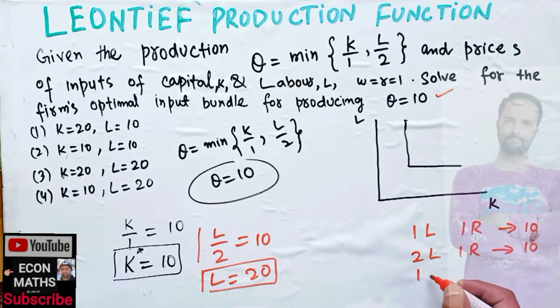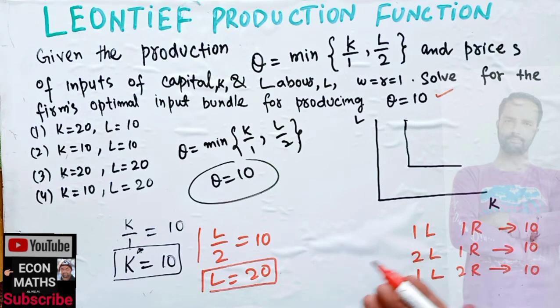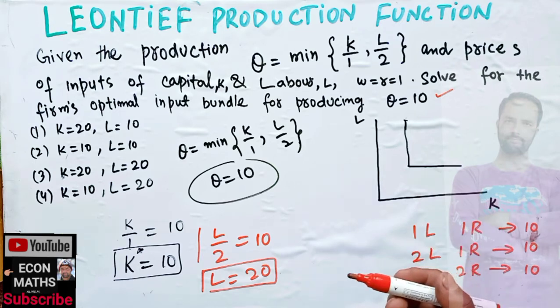And if we have one left shoe and two right shoes, again it will give us the same utility, let us say 10. So if we do not increase the inputs in the fixed proportion, then the utility, or the production in this case, will remain the same.